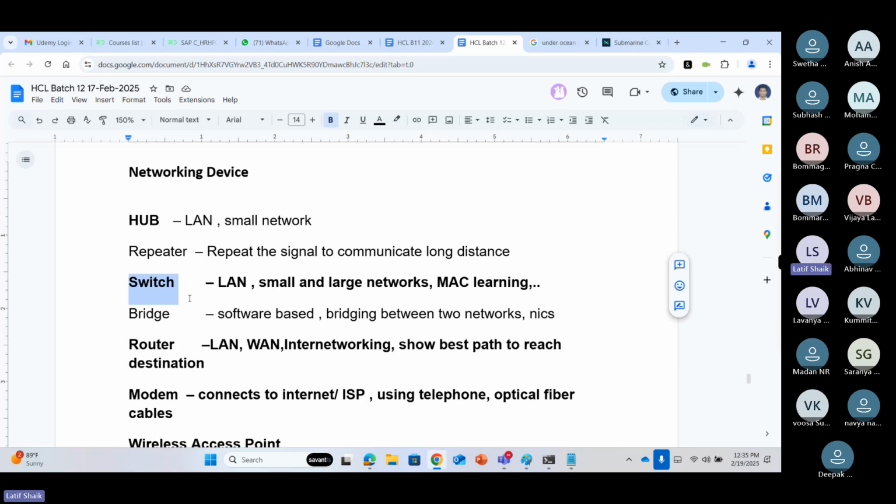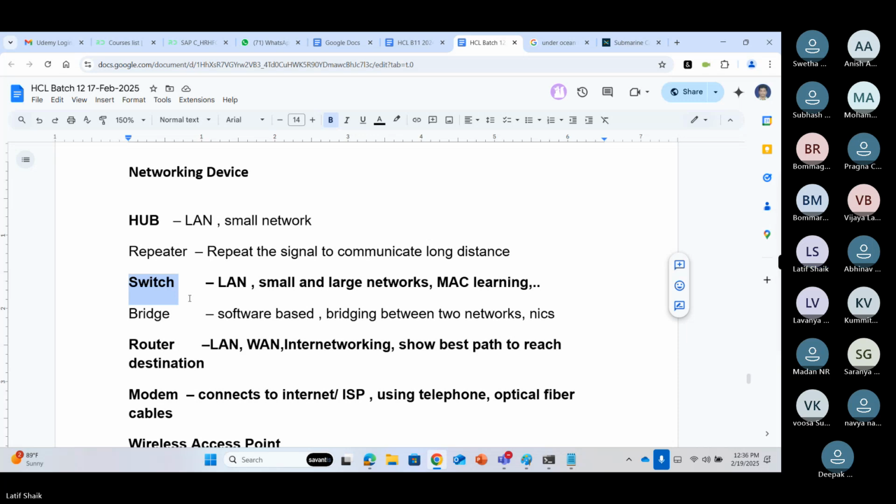But your UTP cable supports up to 100 meters only. So what will I do? After a certain length, maybe after 80 or 90 meters, I use a repeater. The repeater repeats the signal, meaning the weak signal becomes a normal strength signal again, so we can easily reach the destination. That is a repeater.